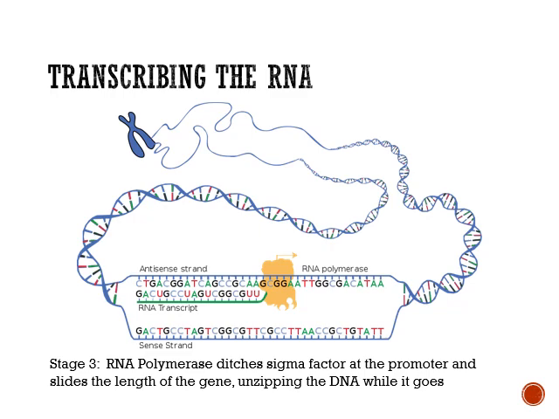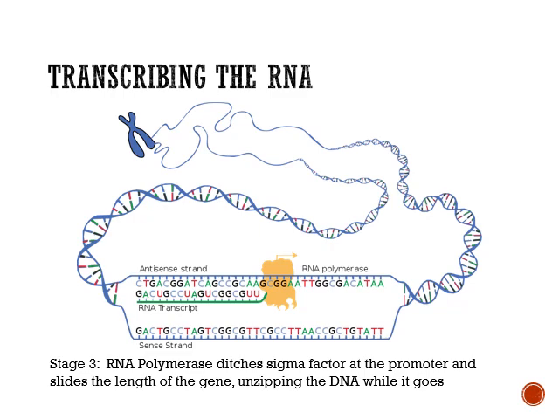That RNA polymerase now loses sigma factor, or it loses the transcription factors and starts to run along the length of the DNA. As it's going, it's unzipping it. So it's opening up the DNA, allowing access to all those nucleotides. This means that polymerase can begin to create a transcript. A binds to U, A binds to U, C to G, G to C, C to G, C to G, G to C, and so on.